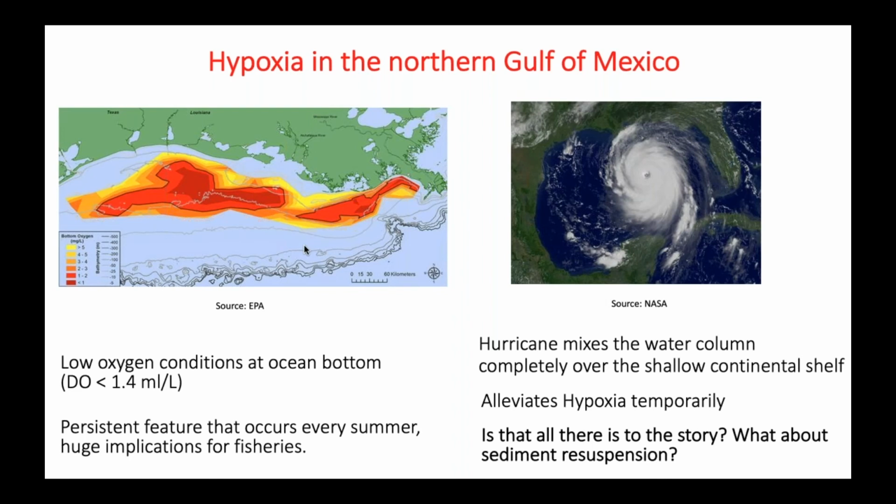And the prevailing hypothesis is that when hurricanes pass over these regions, the continental shelf regions in the northern Gulf of Mexico, they actually mix up the water column, and there is ventilation of these bottom waters, and this alleviates hypoxia temporarily.